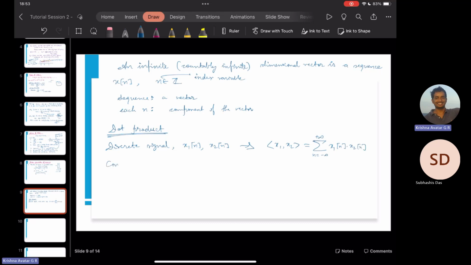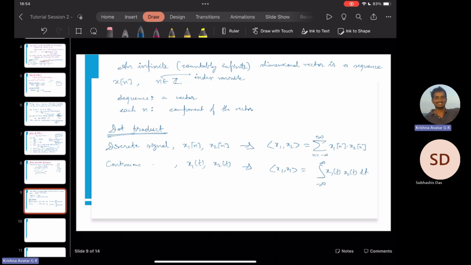And if it's a continuous signal and you have x1t comma x2t, then in that case x1 comma x2 is just the integral of x1t x2t dt over minus infinity to infinity, right? So that's how we would define the dot product between any two signals x1, x2, for continuous as well as discrete signals.